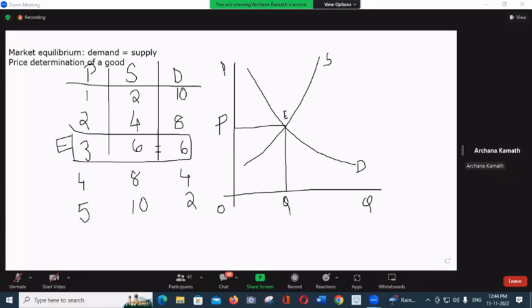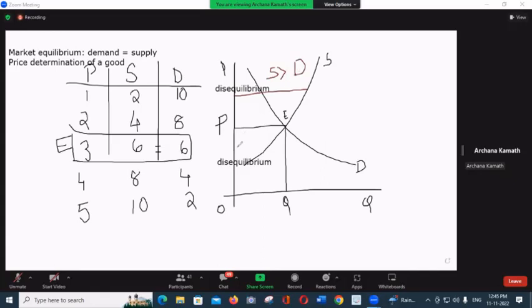And if there is any change in the price of the commodity, it will lead to what is known as disequilibrium. See, a price over and above the equilibrium price leads to a situation of disequilibrium. If the price is higher than the equilibrium price, supply is greater than demand.